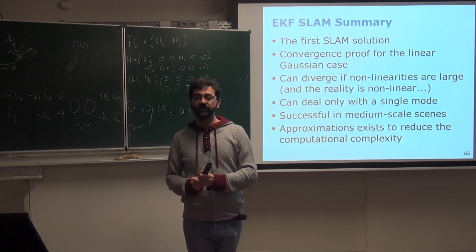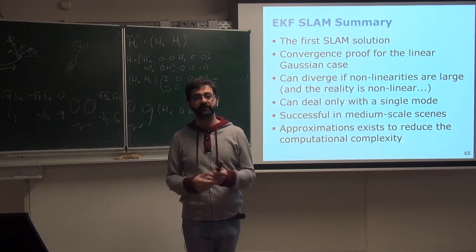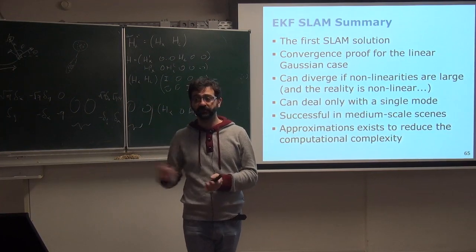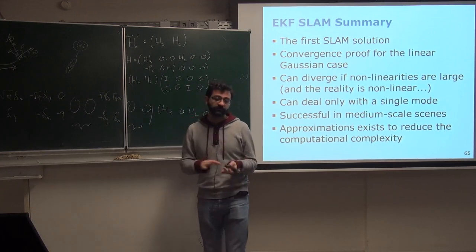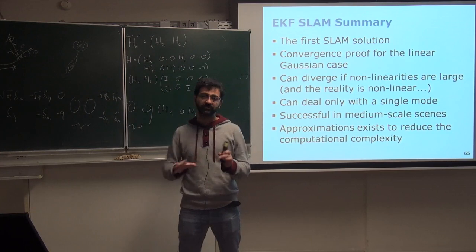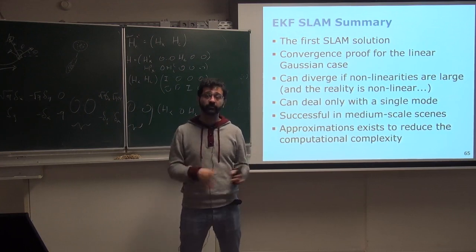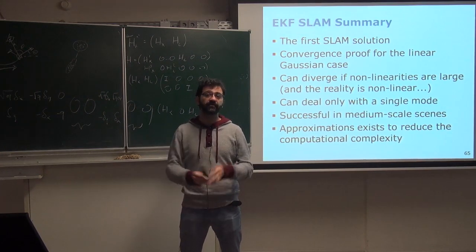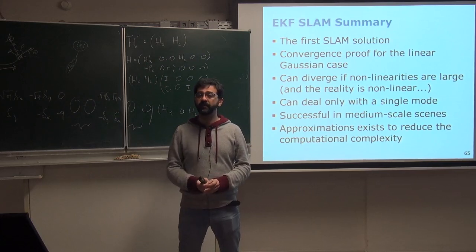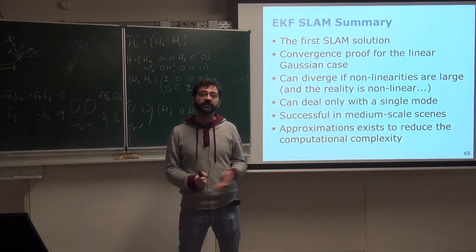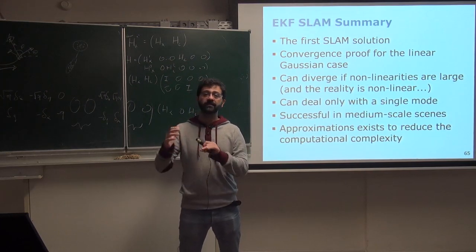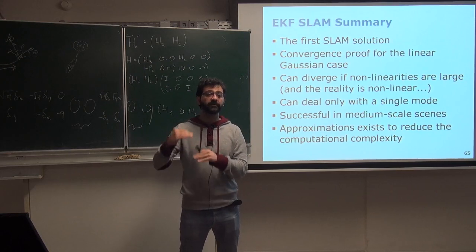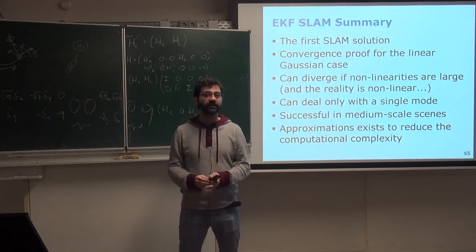It can diverge if you have very high nonlinearities and very high uncertainty from your sensors, but on medium scale maps, not really large, it works quite well, and it's probably the first thing you will implement. It's also what's been implemented in a lot of real products, because it's easy to implement, algorithmically not complex, and easy to debug, test and evaluate.